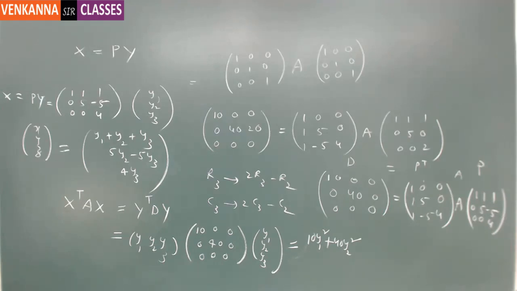Since two eigenvalues are positive, 10 and 40, its index is nothing but 2. So what is the signature? Number of positive values minus number of negative values. Since no negative eigenvalue is there, 2 minus 0, which is 2, is the signature for the given quadratic form. Clear?